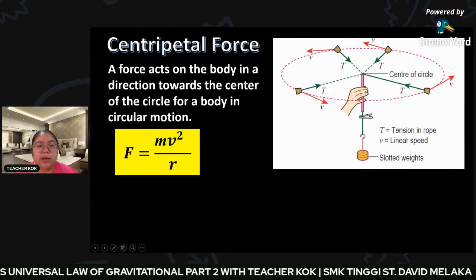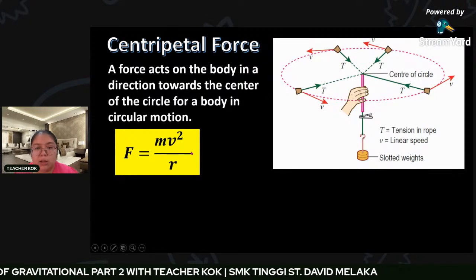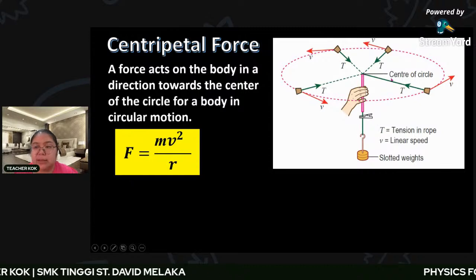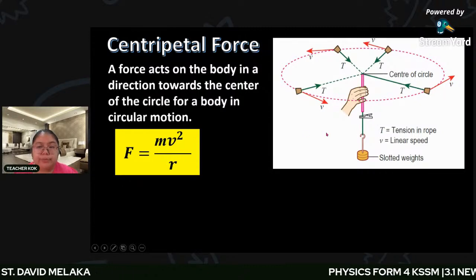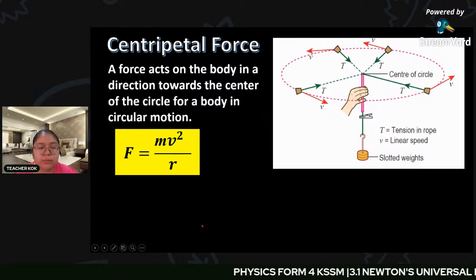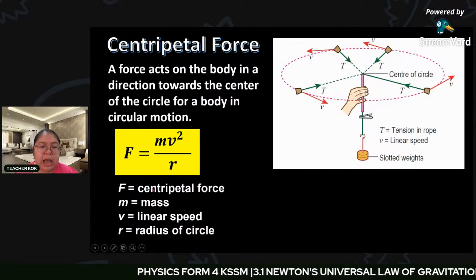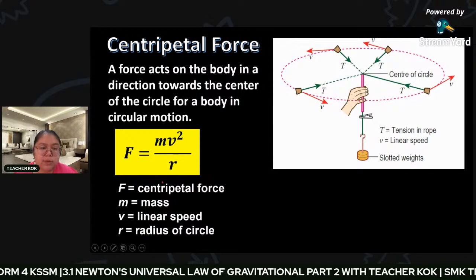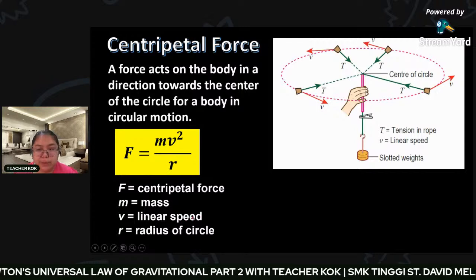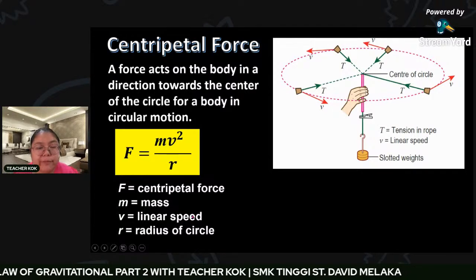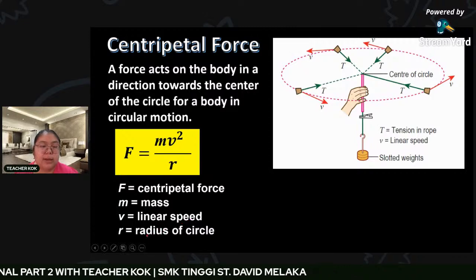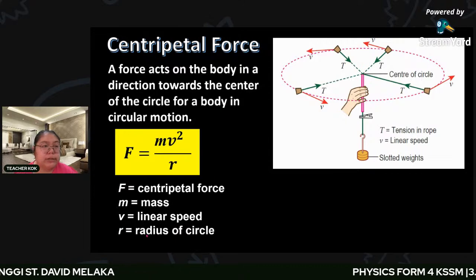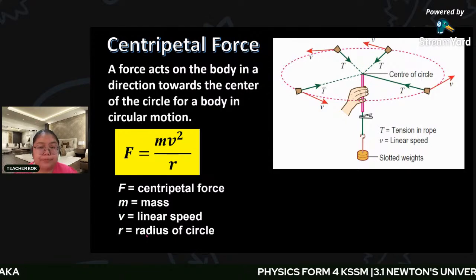So from here, F equals mv squared over r. r is the radius from the center to the object that rotates. F is the centripetal force, m is the mass of the object, v is the linear speed, meaning how fast the object is moving, and r is the radius of the circle. So this is the centripetal force formula.